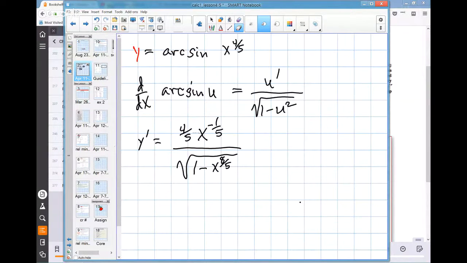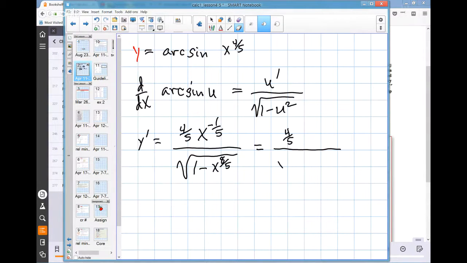Okay. So can we simplify this a little bit? That is 4/5, and then on the bottom we would have the x to the 1/5, so the 5th root. Maybe I just leave it as x to the 1/5.